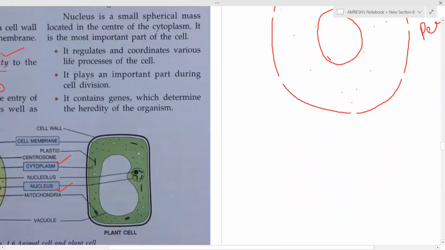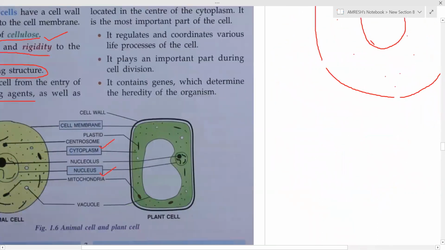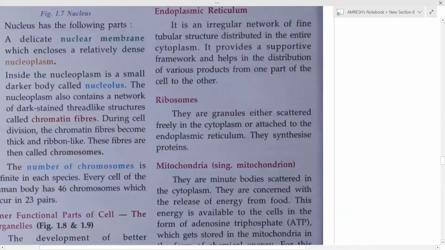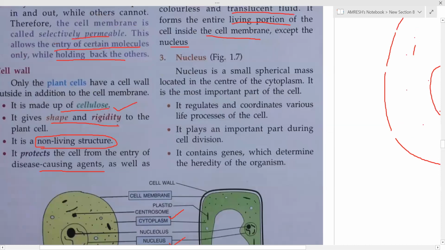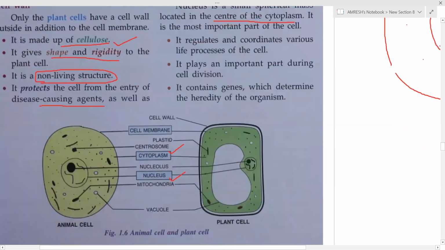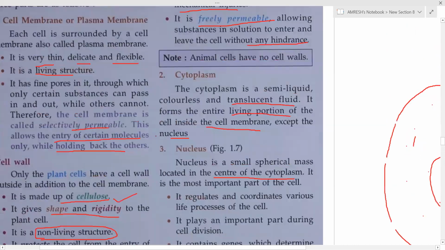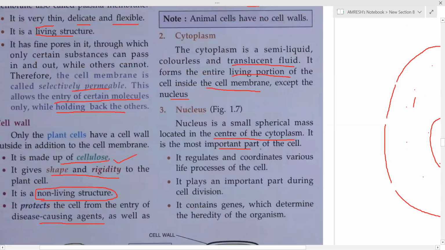Nucleus, the center of the cell, the brain of the cell, is the nucleus. Nucleus is a small spherical mass located in the center of the cytoplasm. The most important part of the cell is the nucleus.